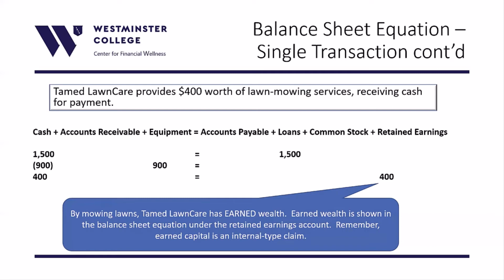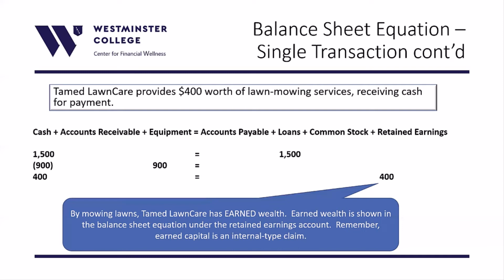Thus, this is an earnings type transaction. Do you remember which claims account we use to indicate earnings equity or earned equity? We talked about it before, and it's the retained earnings account. So the accounts in this transaction that will be impacted are cash and retained earnings.